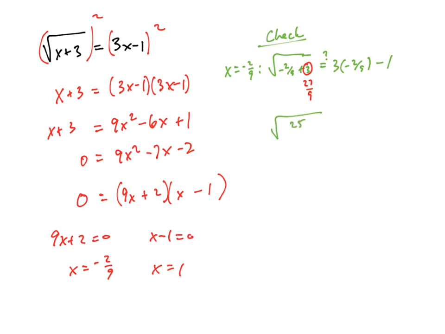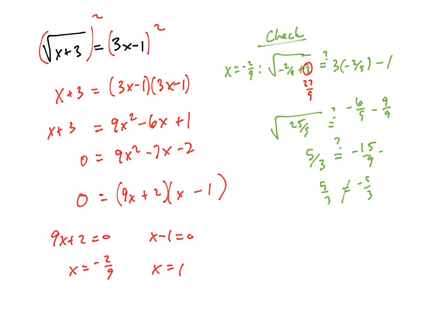So we get 25/9. Square root of 25/9 is 5 over 3. So let's see if that's equal to the right side. We get negative 6/9 minus 9/9. We get negative 15/9, which is negative 5/3. So that is not equal.